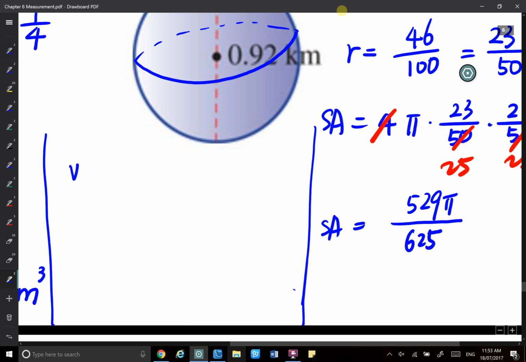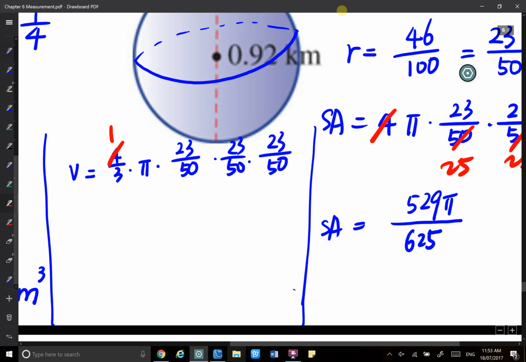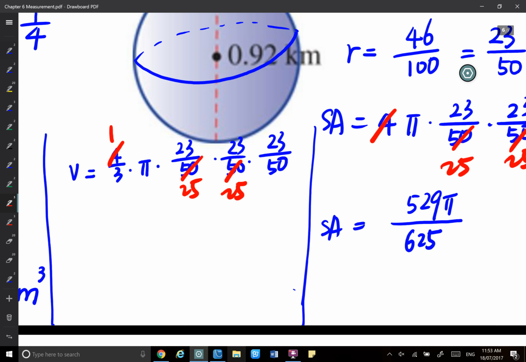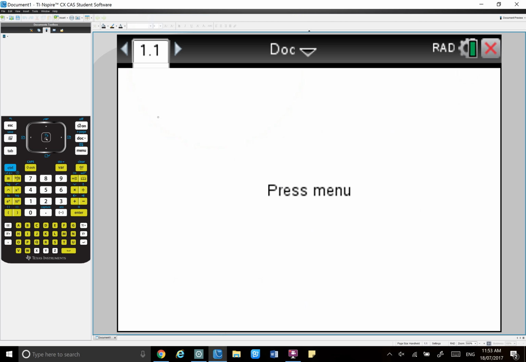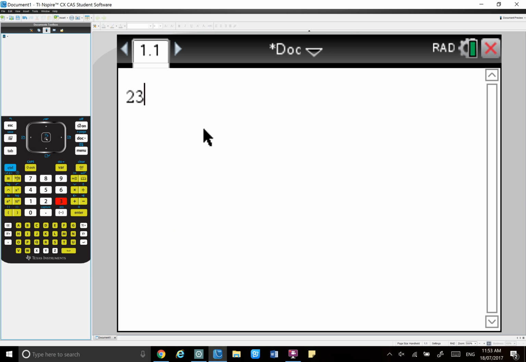Volume equals 4 over 3 pi r cubed. So it's that times another one. This time this 4 will make 1 and that becomes 25, that becomes 25, but the 3 is not going to cancel with that. So it's 23 cubed, 12167.